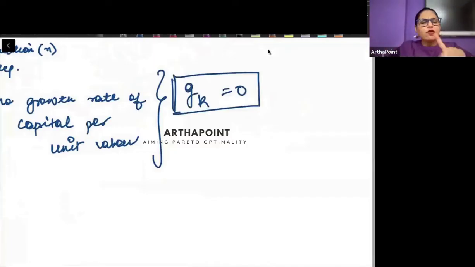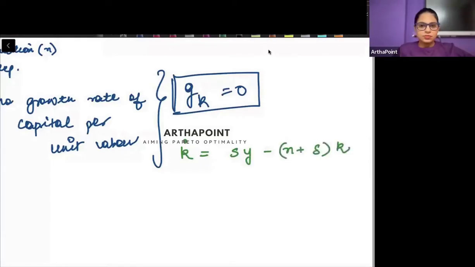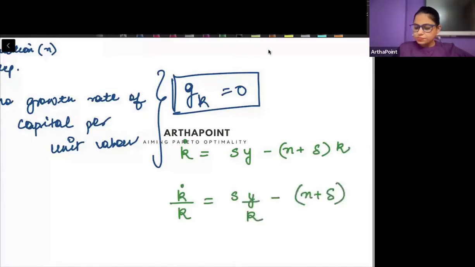What did we say? What is our small k? क्या था small k? Changes in small k were written as k dot equals s y minus n plus delta k. Right? So k dot by k can be written as s y by k minus n plus delta.